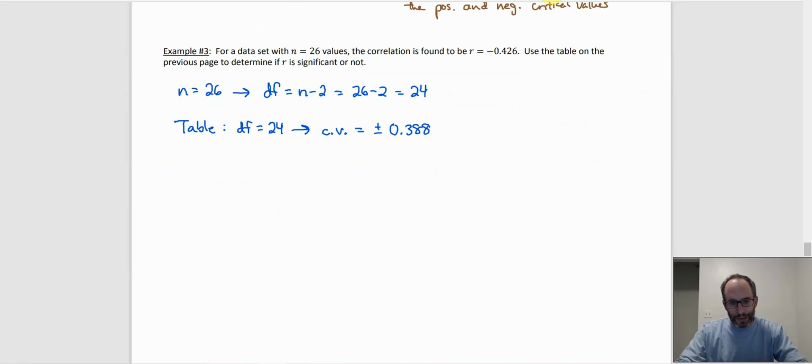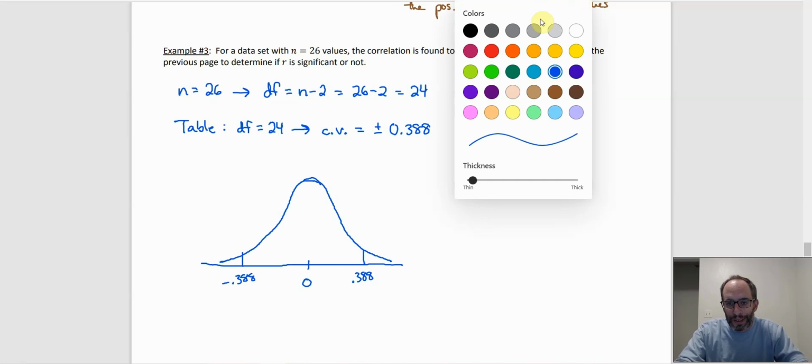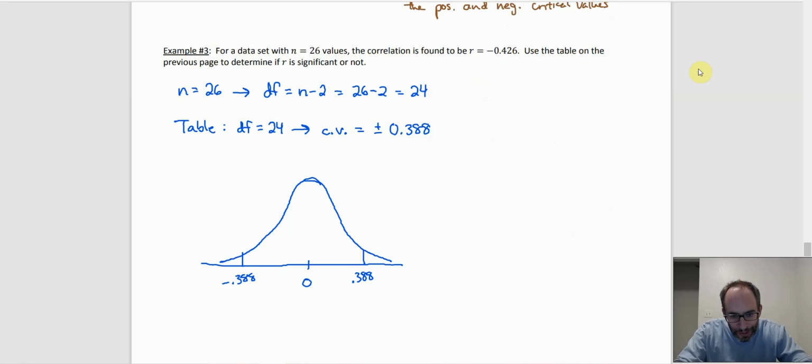So if I draw a little picture for this one, all right, so we've got negative 0.388, and then on the right side we've got a bound on that part of the rejection region, positive 0.388. And then I guess I've been making them red, might as well keep that going.